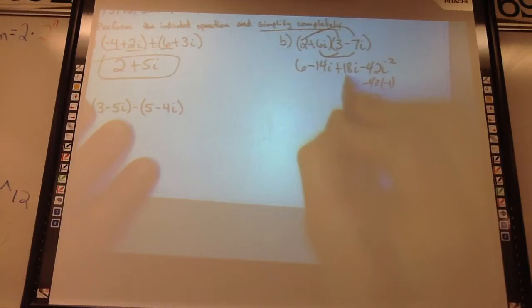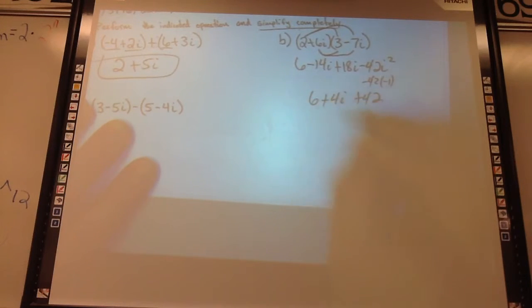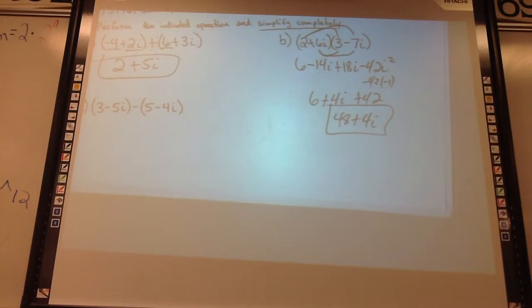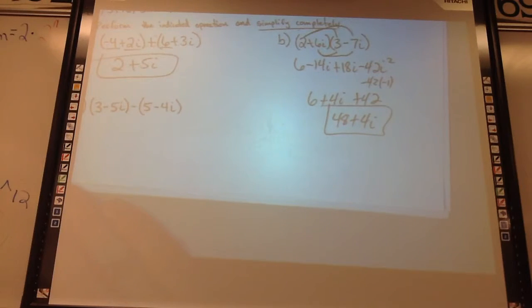Combine those, negative 14 plus 18 is plus 4i, and you got the 6 chilling out there, so when you combine like terms, you get 48 plus 4i. A lot of you messed up your signs on that. I got a lot of negative 36 plus 4i's, stuff like that.